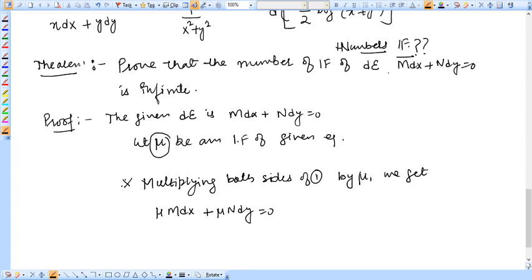See, if this equation was exact, then this remains exact. If this equation was not exact, then also it becomes exact, right? So we can write, which is exact.